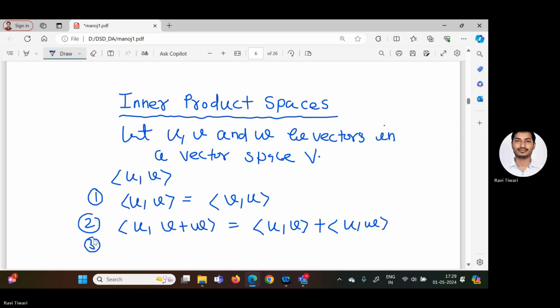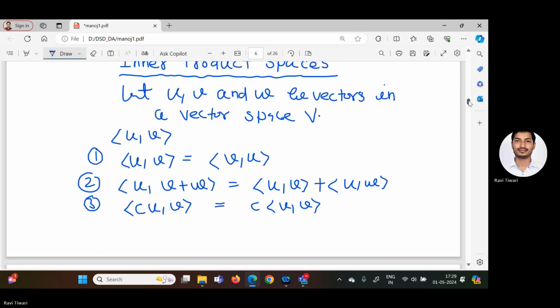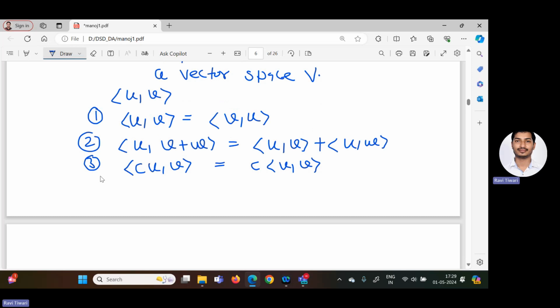Third property: if I am multiplying by C, where C is a scalar, in the first component U, then inner product of C U comma V is defined as C times inner product of U comma V. And the last property: inner product of V comma V, or U comma V, will always be greater than or equal to 0, and inner product of V comma V can be 0 if and only if V equals 0.